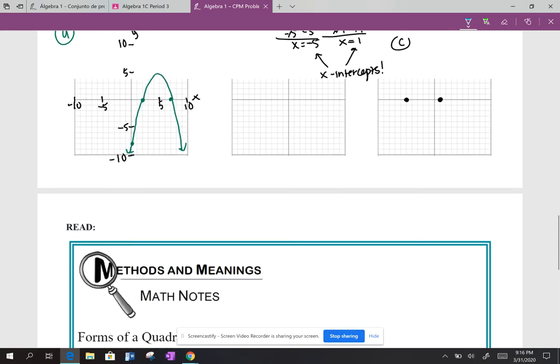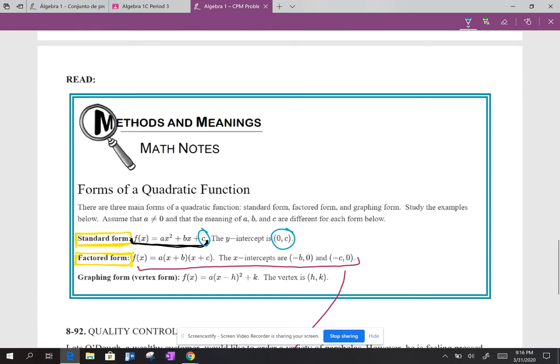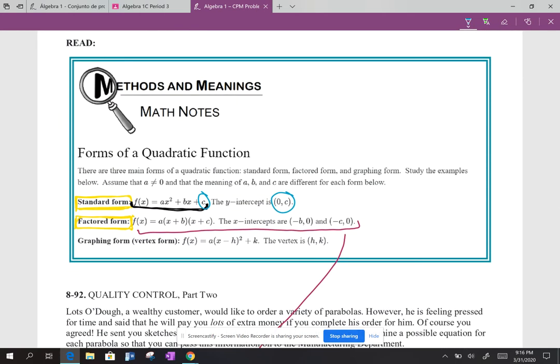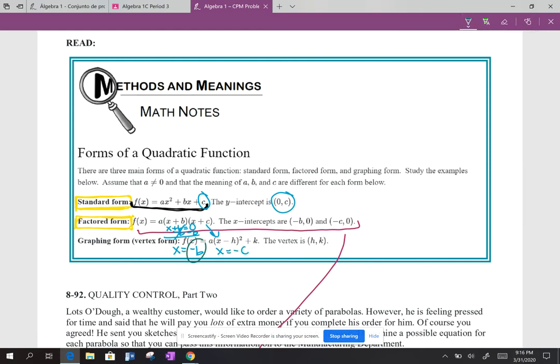And just like I hinted at over here, when you solve, if you set x plus b equal to 0, you get x equals -b. Same thing over here. If you set it equal to 0 and solve for x, you get x is equal to -c. Those values are your x-intercepts, okay?